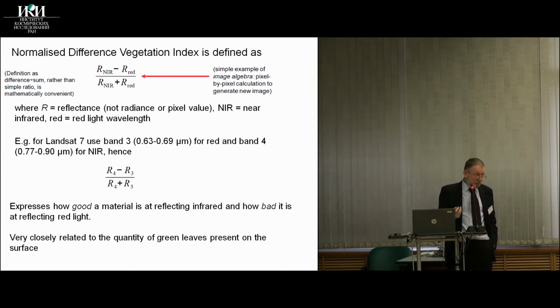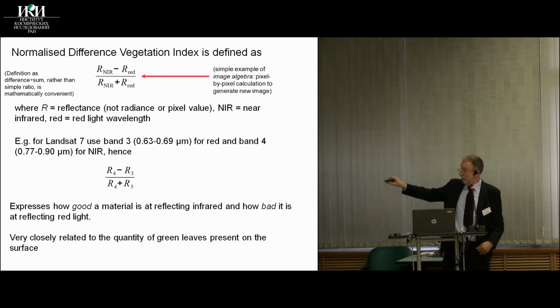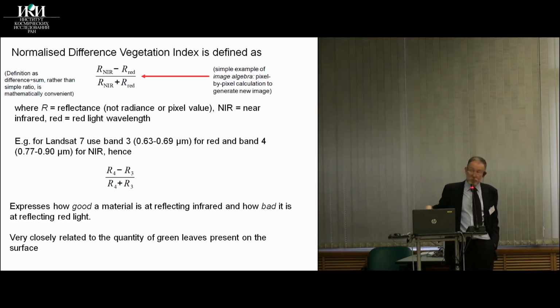For example, if we're using data from Landsat 7, the Enhanced Thematic Mapper on Landsat 7, we need what's called band 3, which is the red reflectance, and band 4, which is the near infrared reflectance. So we would write this equation like this to make it specific to the Landsat 7 sensor.